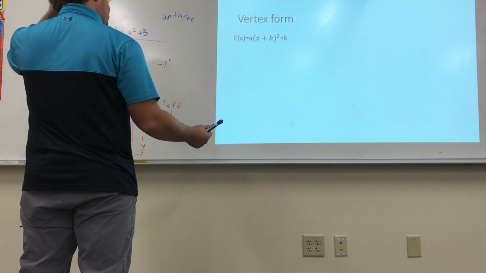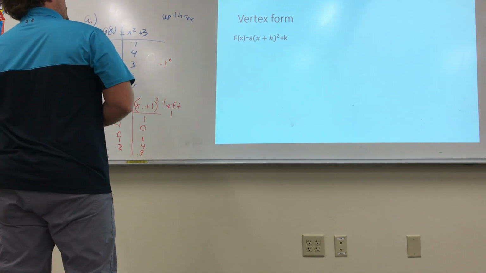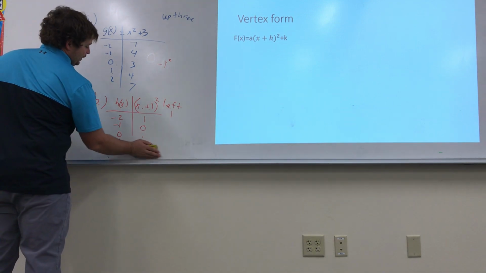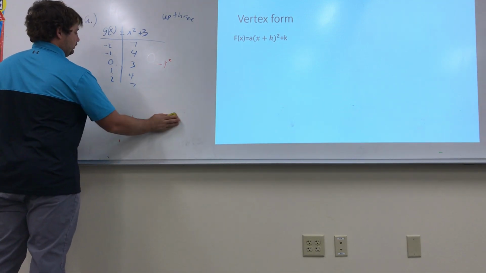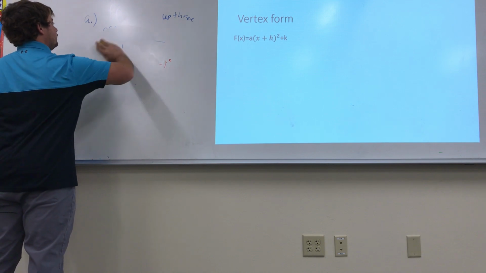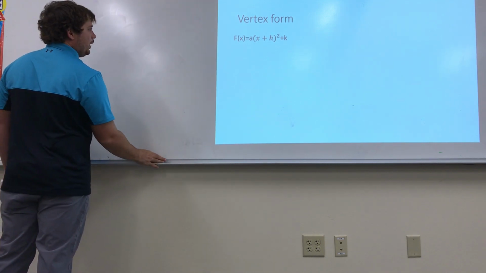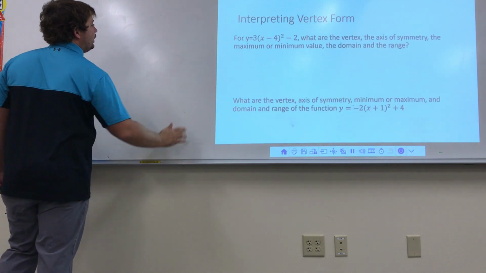You think plus, you go to the right. Alright, so you have f of x equals a, parenthesis x plus h, to the second, plus k. So, with that being said, okay, there's that vertex form. I'll leave it up there.